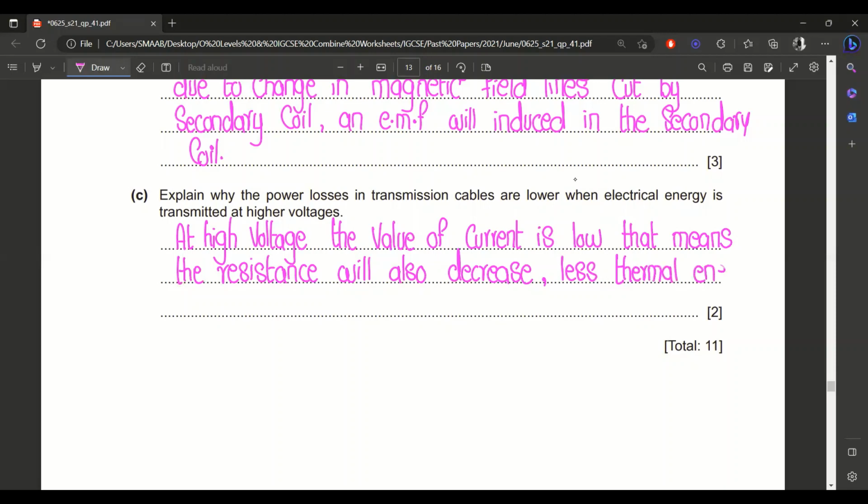So less thermal energy loss during the transmission in long cables, right? So this is the concept. Right, sir.